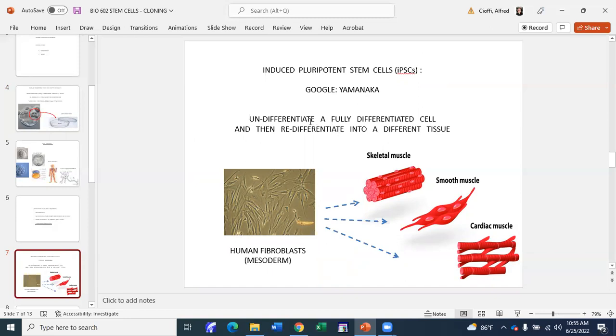So of course, this goes against nature. This part, the undifferentiate or de-differentiate, is going against nature in the sense that he's going to take differentiated cells and undifferentiate them back to the pluripotent stage.